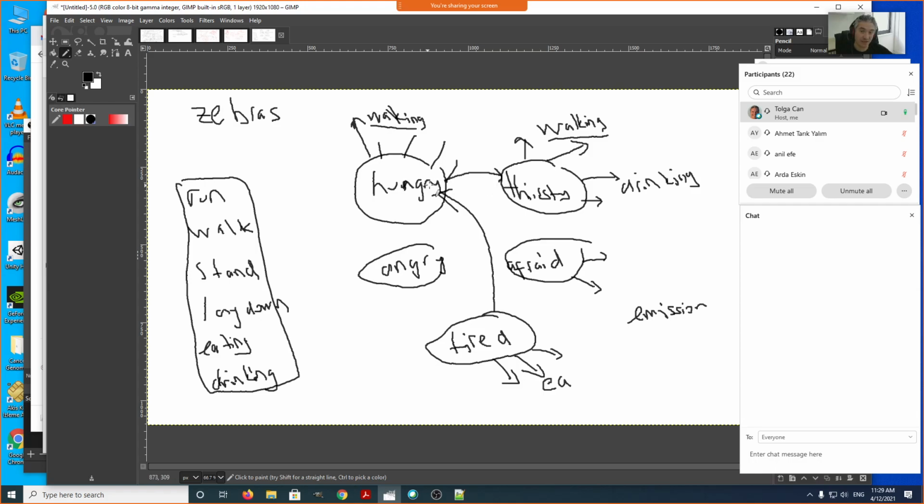And from the hungry state, we may also go to the afraid state. Imagine while we're eating something, we come across another animal which is a threat to us. We may go to the afraid state. We may go to afraid from thirsty as well. From afraid, we may go to tired if we run a lot, if we observe this run action.